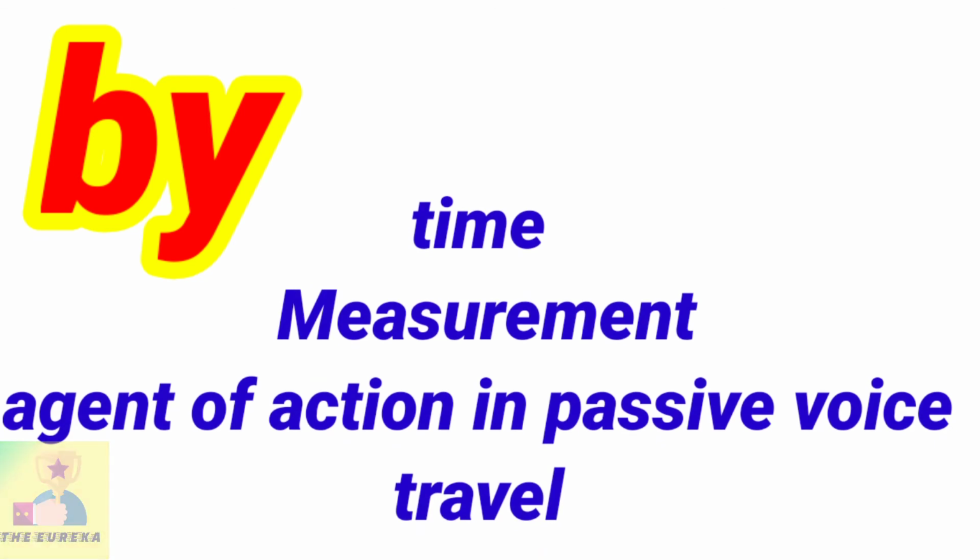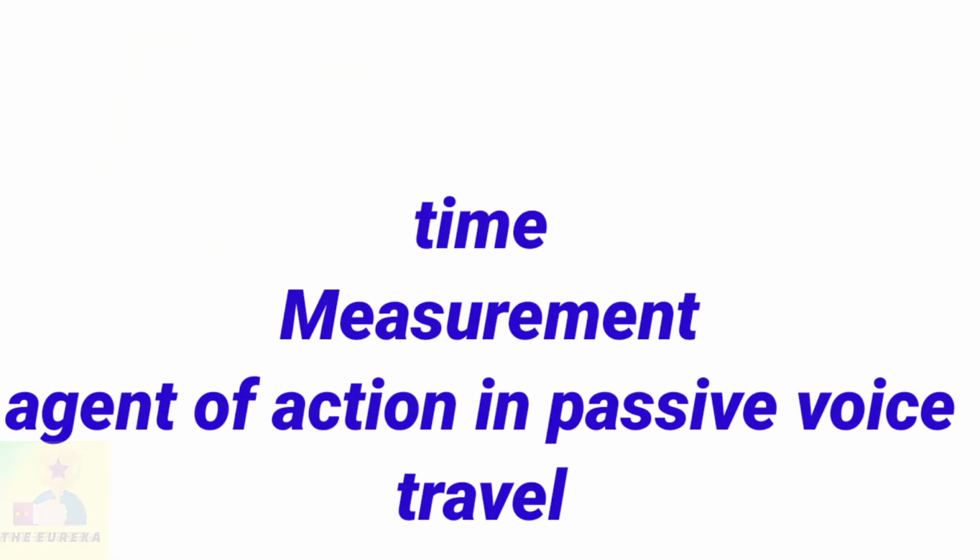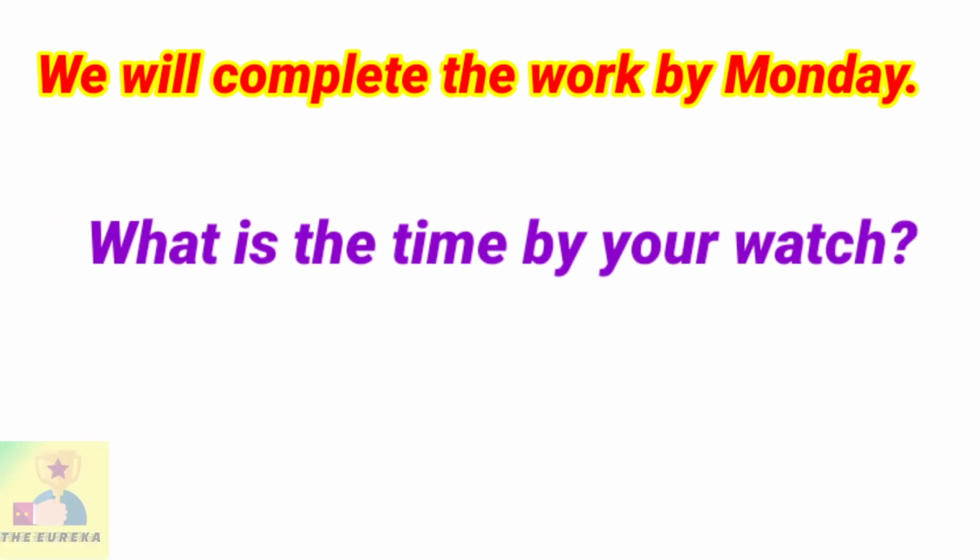Next preposition, by. By can be used for expressing the time, measurement, agent of the action in passive voice, and travel. For example, we will complete the work by Monday, showing the time of completing the action. What is the time by your watch?